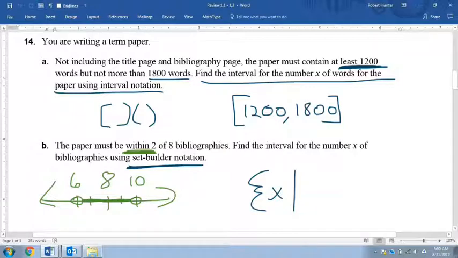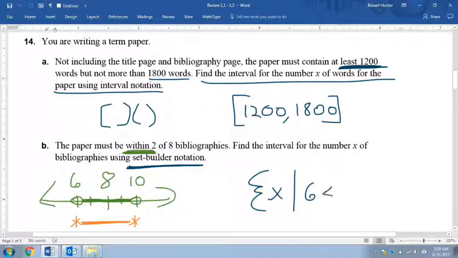If you are within the backyard of your house, or within the park, are you on the edges of the park if you are within it? No, you're not. So they need to stay open. Now I understand that may not make sense in real life as far as only 6 bibliographies, but whatever. That's what the instructions say.